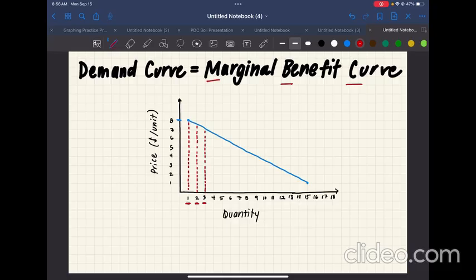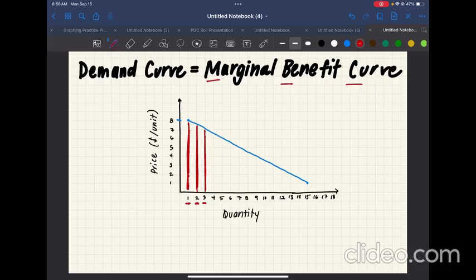So these 3 people here, all together, they are receiving a benefit equal to the height of this line, the height of this line, and the height of this line, all added together. That's their total benefit.